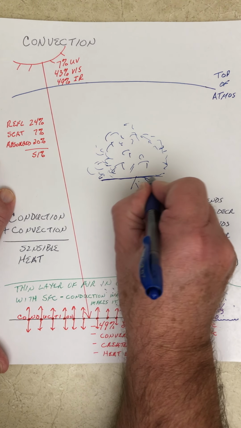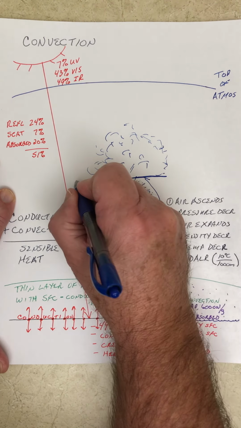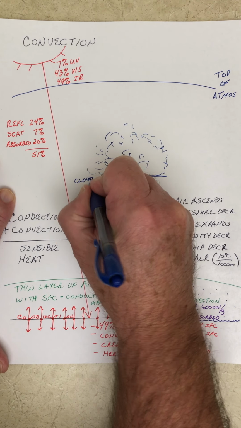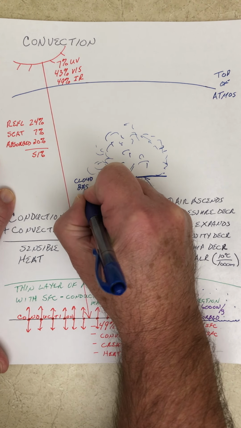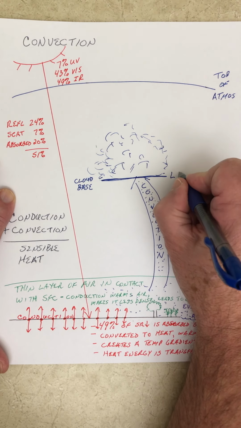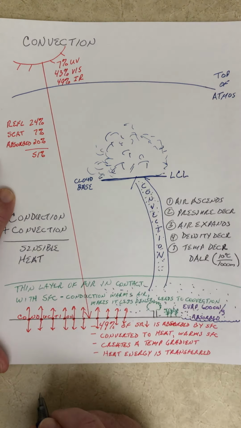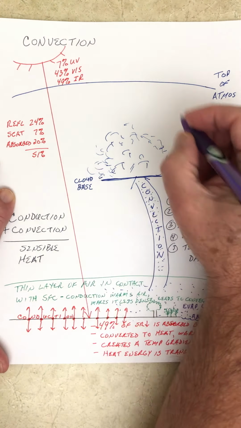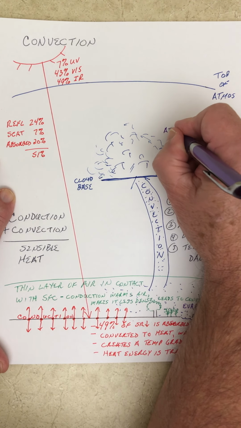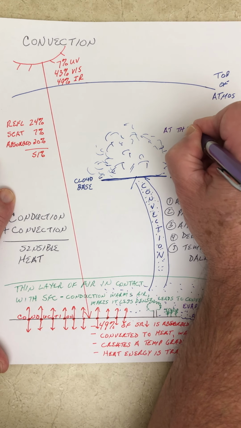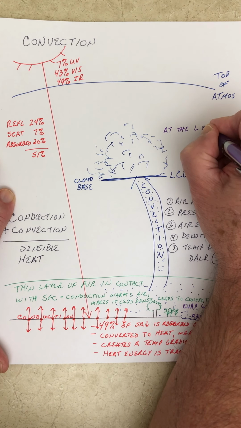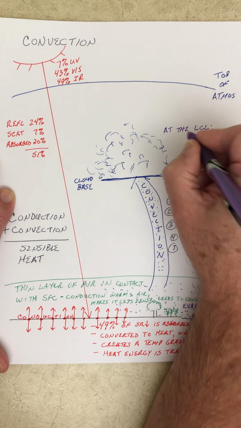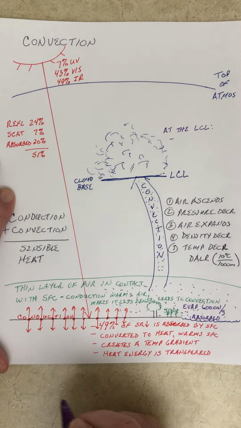And this point right here at the cloud base, okay, we call that the LCL, the lifting condensation level, okay? And at the LCL, all kinds of really cool things occur, okay?